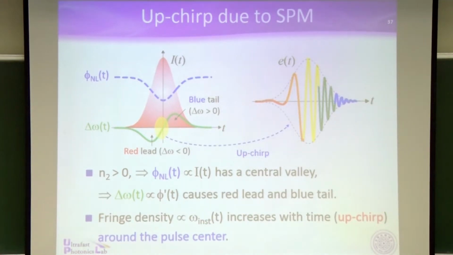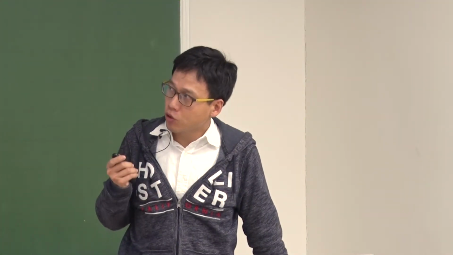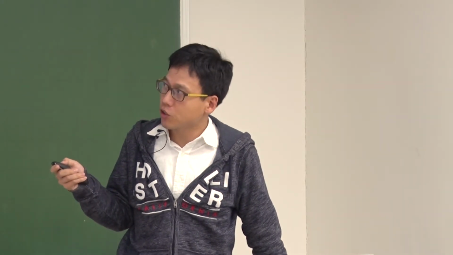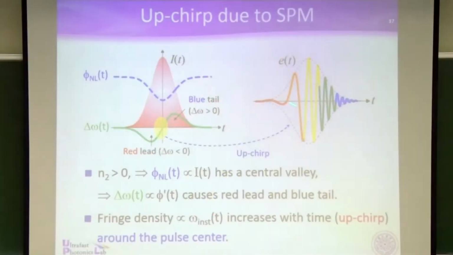But because most of the pulse energy is contained around the pulse center, right? So roughly speaking, self phase modulation creates upchirp for your pulse. Your fringe density increases with time, like this figure. Okay, but if you want to precisely draw the fringe curve, this is not true, right?